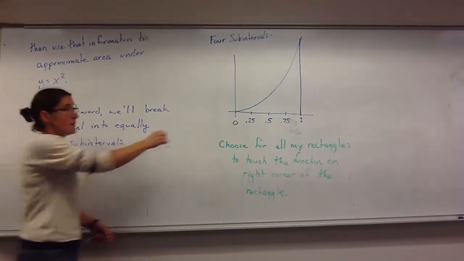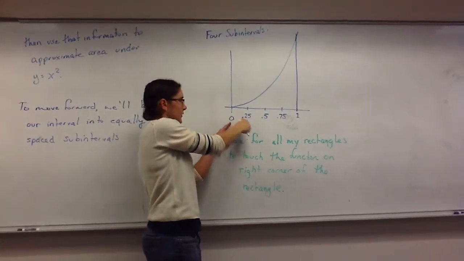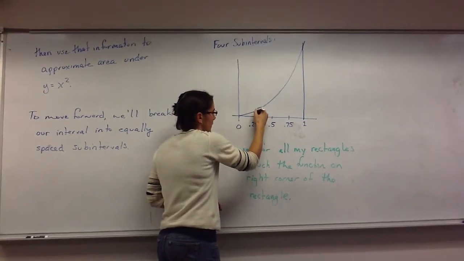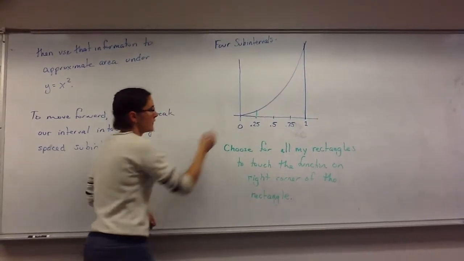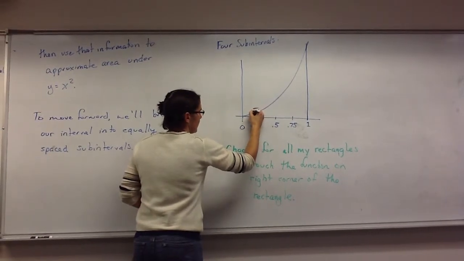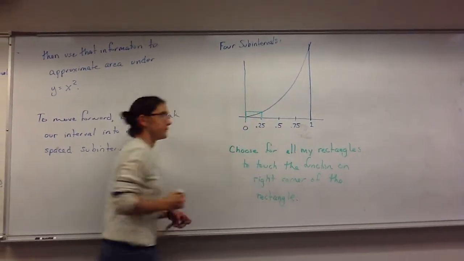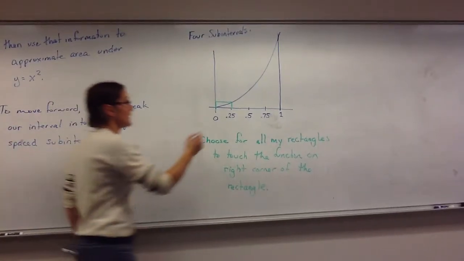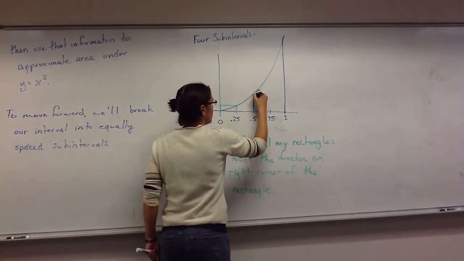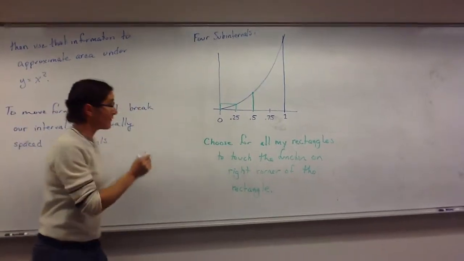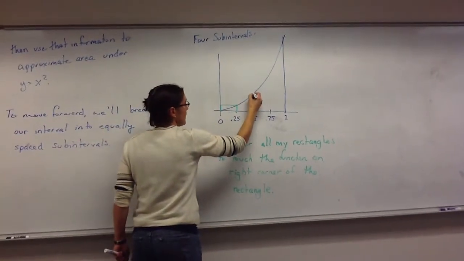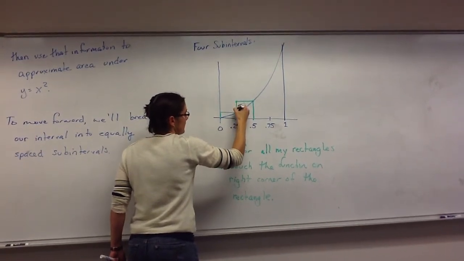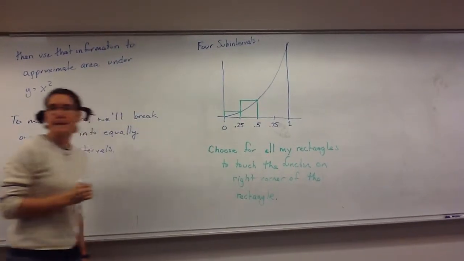So what that means is on this first interval here from 0 to 0.25, I am going to go over here on the right side and draw a line straight up until I hit the function, and then draw a horizontal line over to the left, and then down. And then I'm going to do the same thing at 0.5. Straight up to my function. That right-hand corner is touching the function, and then I'm going to pretend that my function is flat over to my next subinterval mark.